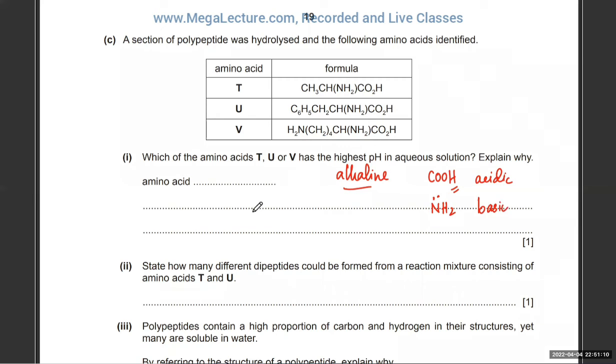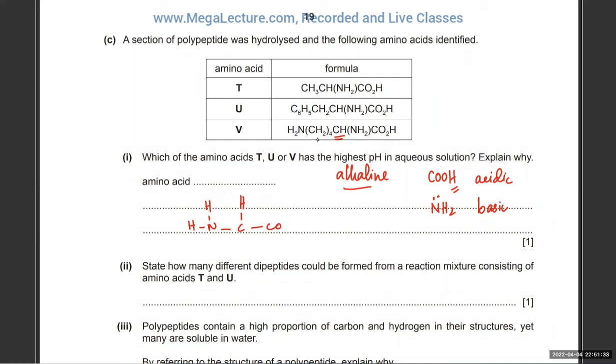So, there's a thing about amino acids, and it's going to be V. Why? Because if I look at this molecule, around here this carbon has one H. It's got an NH2 on one side, and it's got a carboxylic acid group.